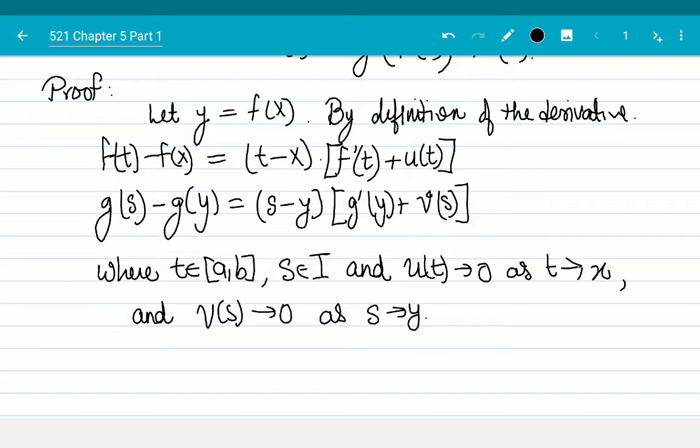Right. So now, because f is continuous on a and b, I can say, well, let s is equal to f of t. As t goes to x, f of t goes to y. So it does satisfy the condition.